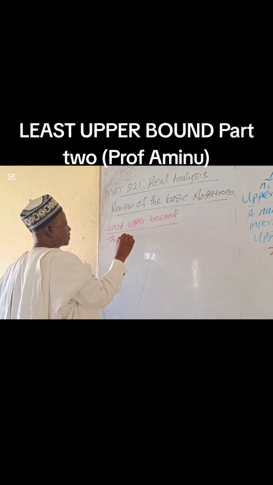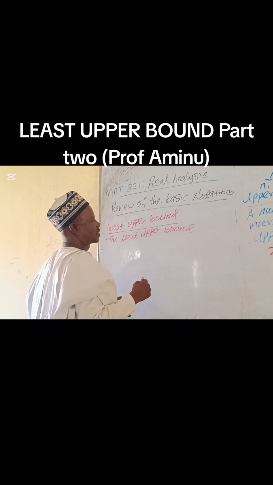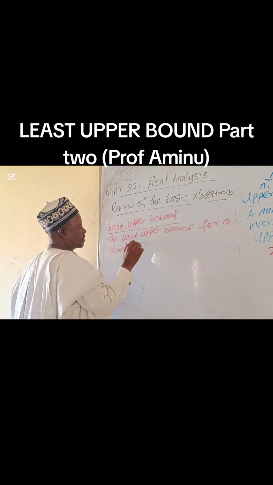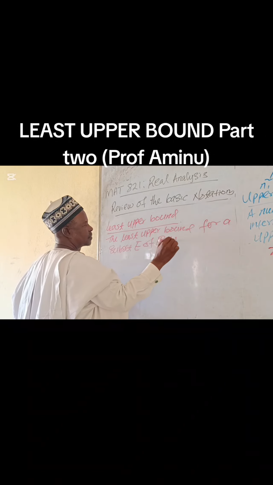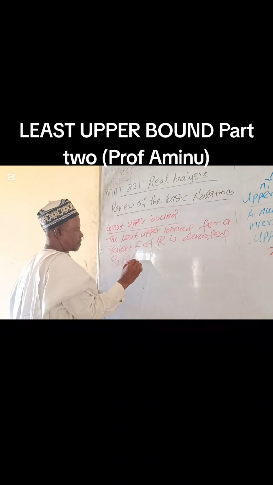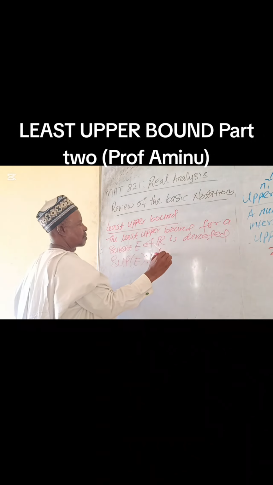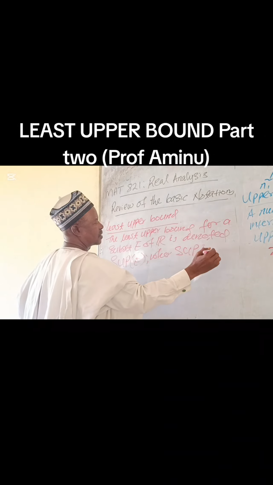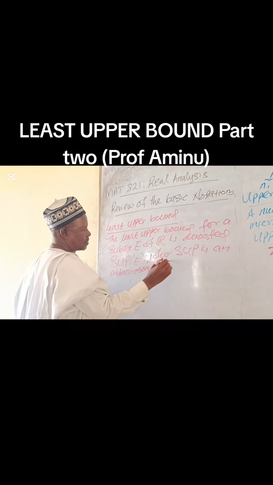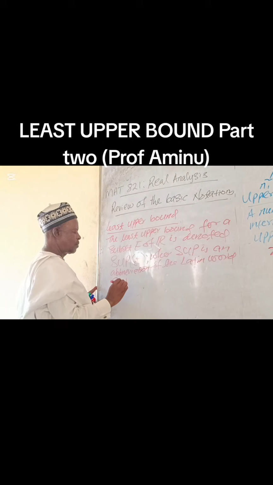The least upper bound for a subset E of R is denoted sup E, where sup is an abbreviation of the Latin word supremum.